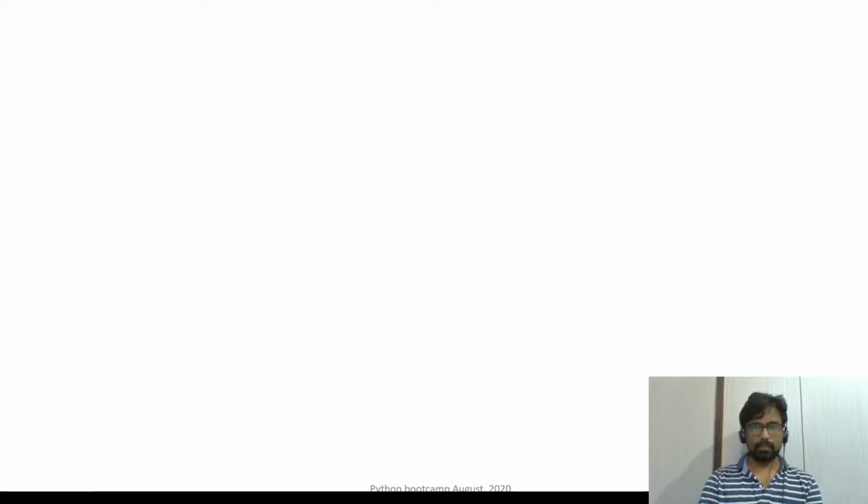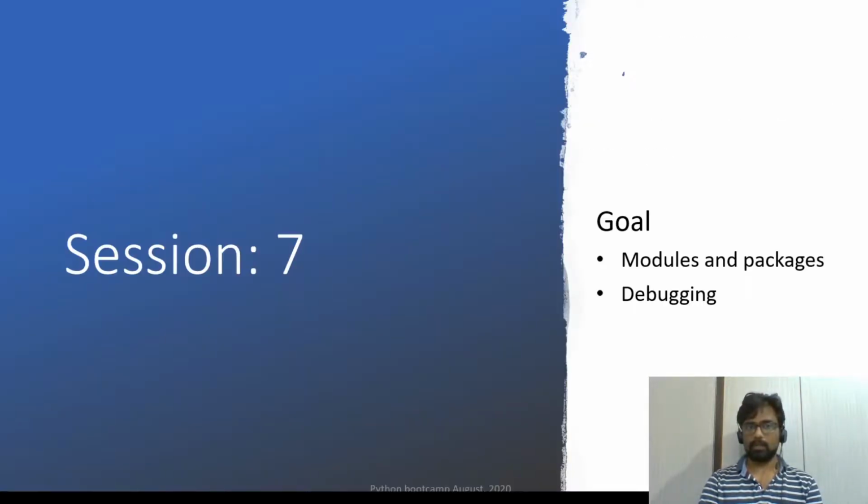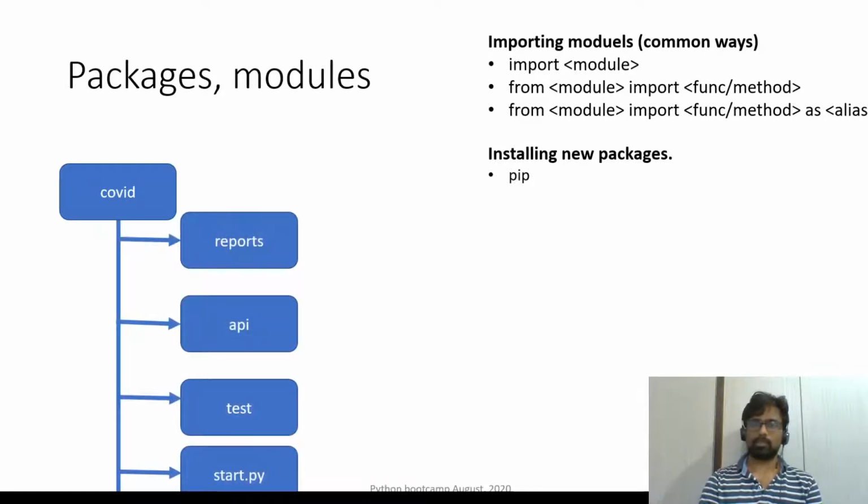Okay. So assignments, packages and modules. The reason that we need to know about packages and modules is how we organize the code. So what are packages, and how does Python recognize them as packages? If it has a double underscore init double underscore dot py file, that means it's a package.